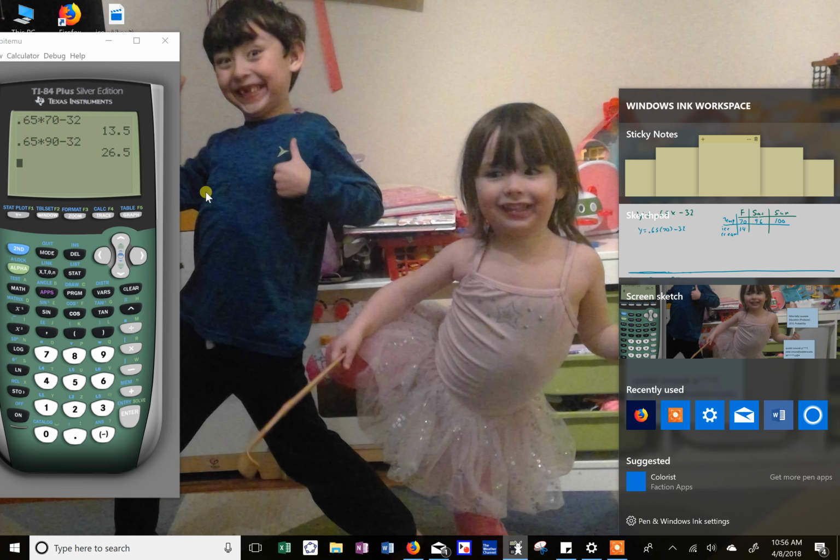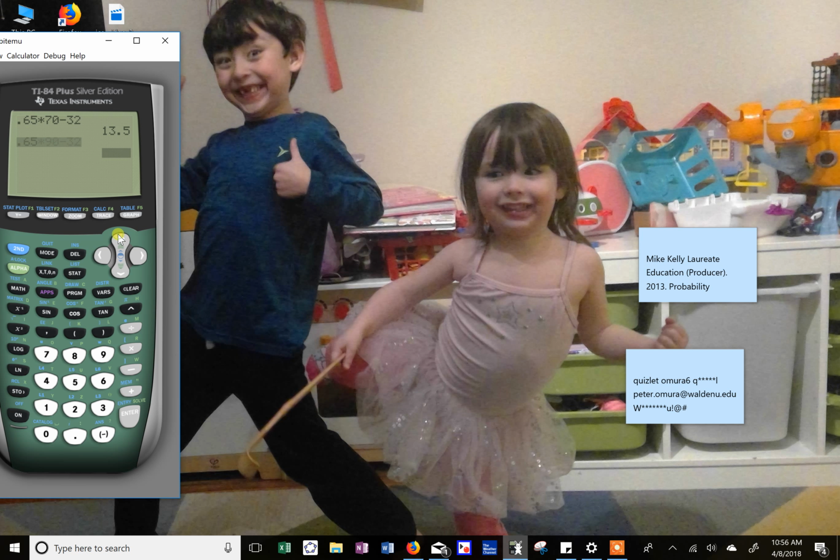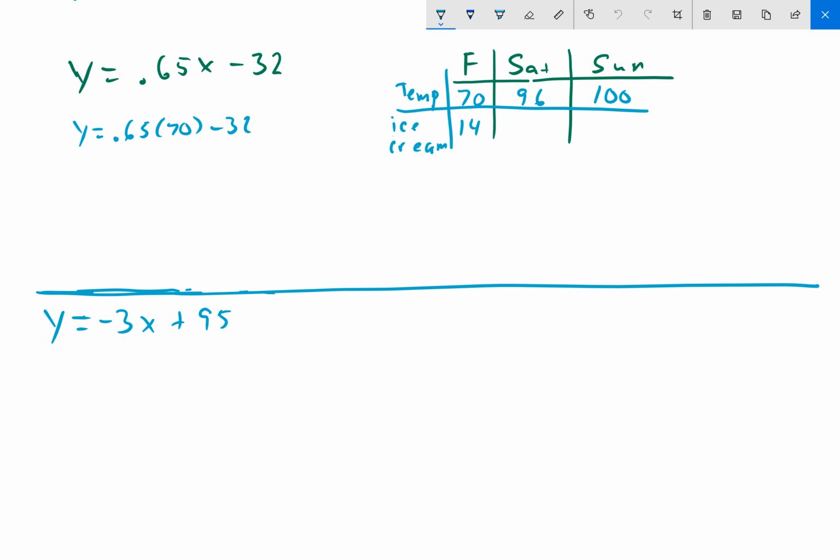It was 96 degrees, so I have a mistake here. That's fine. I'm just going to change this into 96. So if it's 96 degrees, it's 30.4. Even though you would normally round down, I can't sell 4/10 of an ice cream, so I'm going to round up to 31 ice creams. On Saturday, I can expect to sell about 31 ice creams.